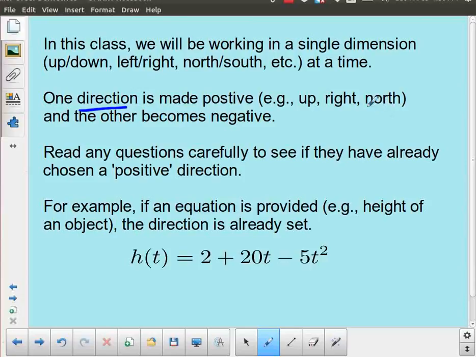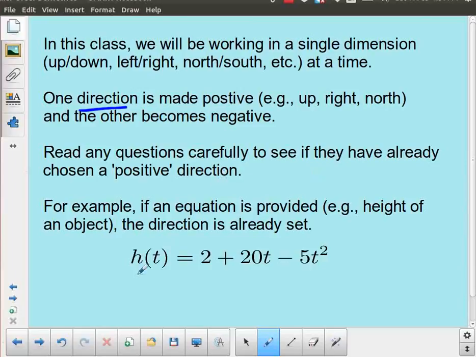Sometimes you'll have the choice, other times you'll have to read the question. The question itself might actually have specified it. They may specify it explicitly, meaning they may actually say up is positive, or it may be implicit in the sense that the text, or more specifically an equation, might actually tell you what the positive direction is.